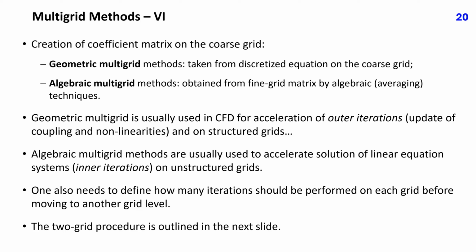Geometric multigrid is usually used in CFD to accelerate outer iterations, that is, to update coupling and nonlinearities, and almost always on structured grids. Algebraic multigrid methods are usually used to accelerate solution of linear equation systems, that is, inner iterations, on unstructured grids. Almost all commercial CFD codes use algebraic multigrid methods to solve linear equation systems, at least for the pressure correction equation.